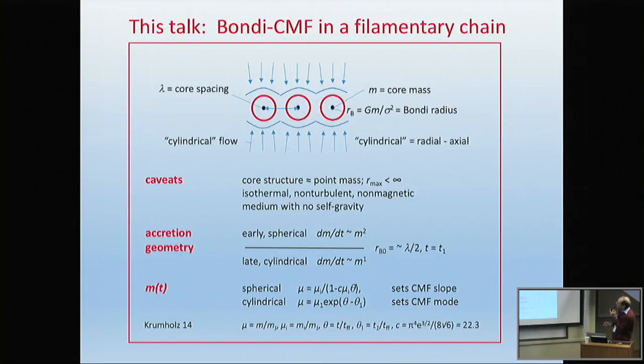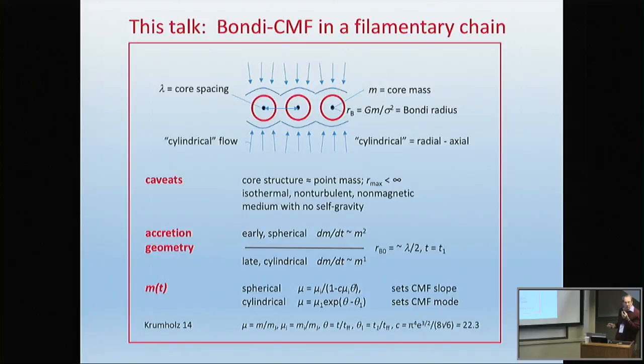The caveats are that Bondi accretion models are isothermal, non-turbulent, non-magnetic, and you do not take into account the self-gravity of the medium. So that's a lot of simplification. On top of that, in this model, the core is a point mass. It has no structure. So that's another simplification, and we're talking about not an infinite medium as in the original Bondi picture, but one that has a finite extent.